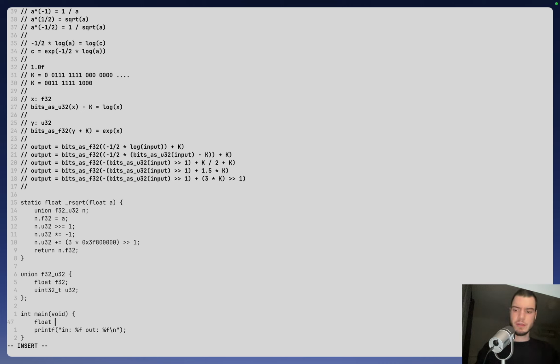So I'm just going to create some input value here. This is going to be hopefully uninteresting, this value. Going to call our reciprocal square root function on that. And let's try to compile and run this.